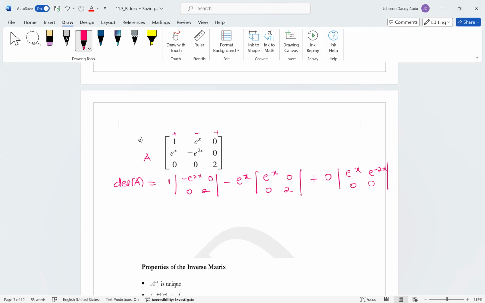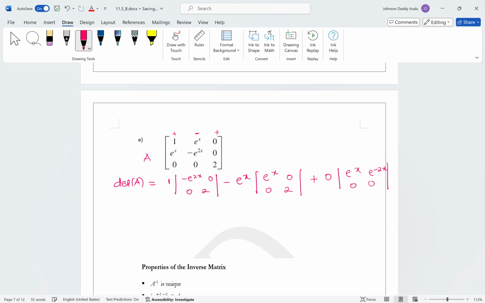So let's see it again. This is positive, this is negative, this is positive. So it means we're expanding along the first row. So you put 1 outside. Now you close the row, which is row 1 and column 1. So you'll be left with this 2 by 2 matrix. Now this position is minus, but e^x is positive.